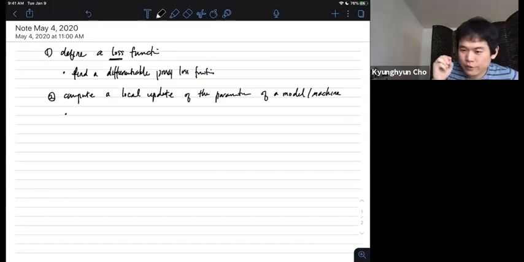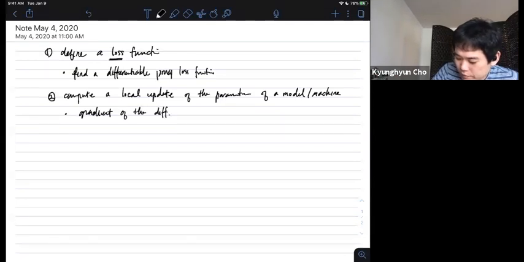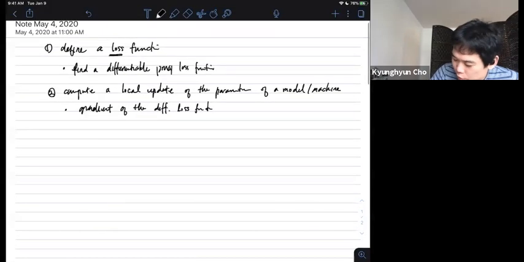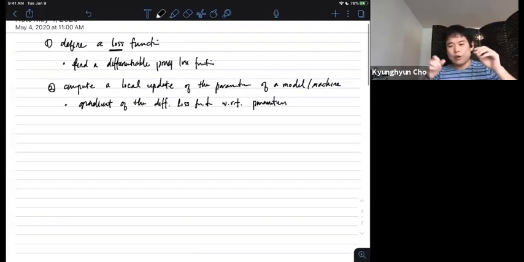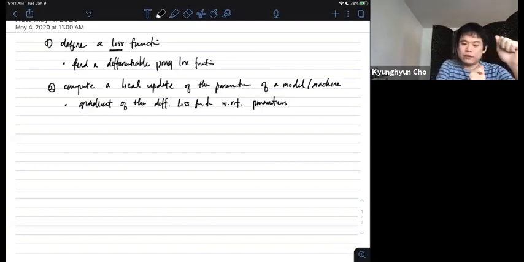And when the loss function was differentiable, what was this local update? The local update was the gradient of the differentiable loss function with respect to the parameters. So this is what we computed. And then once we have the gradient, what we can do is to simply change our parameters along the negative direction of the gradient.